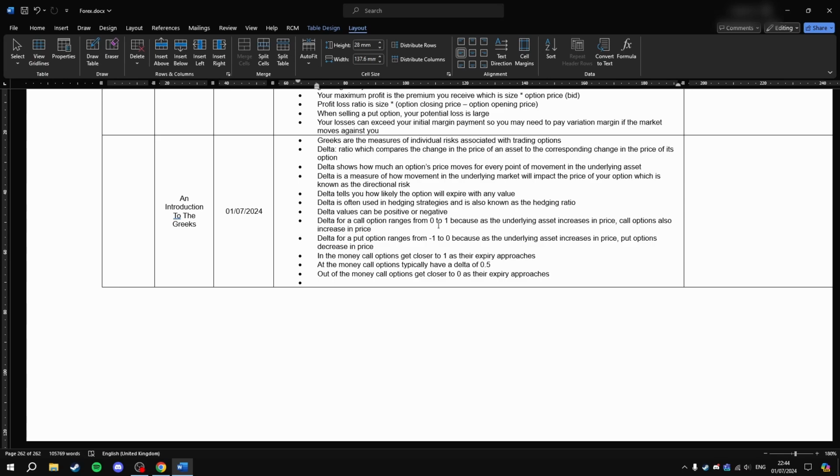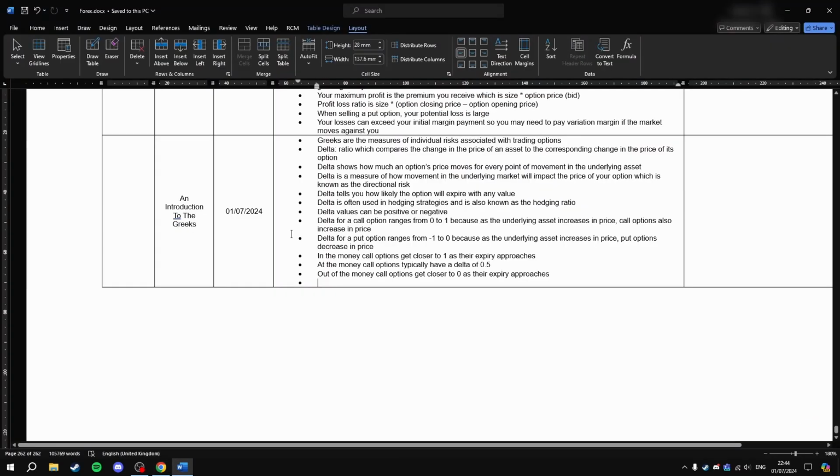So it still stays the same, so that's a correlation of 0. The closer the expiry, the less chance the underlying asset has to move into the money, so it gets closer to zero basically.